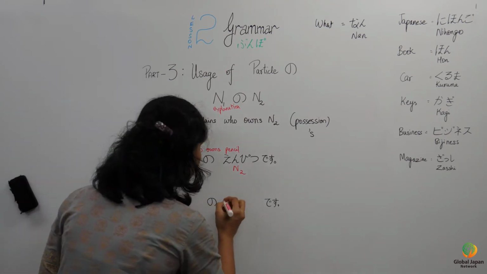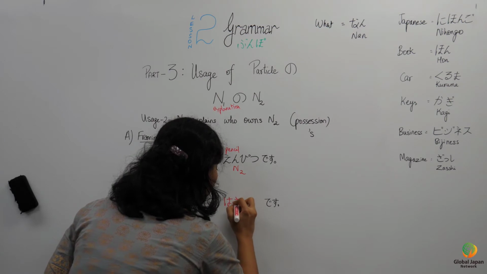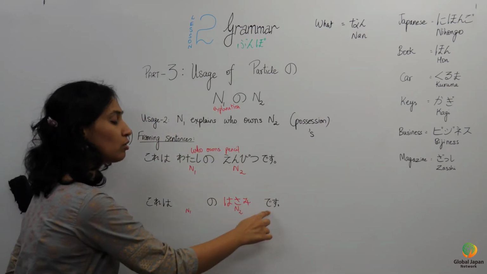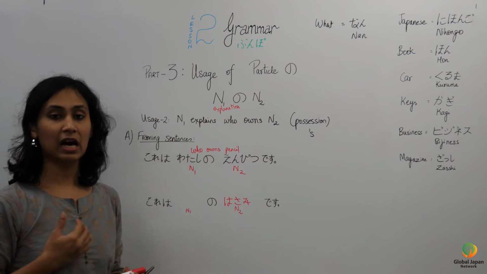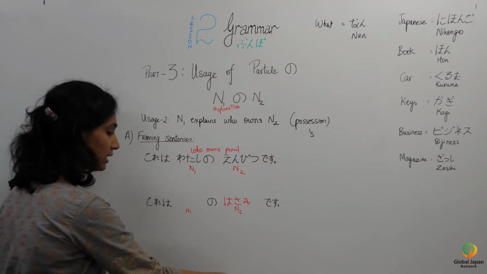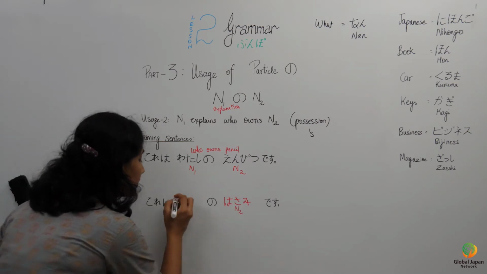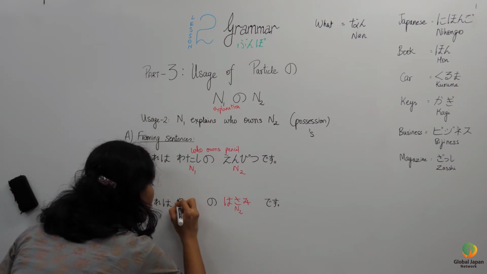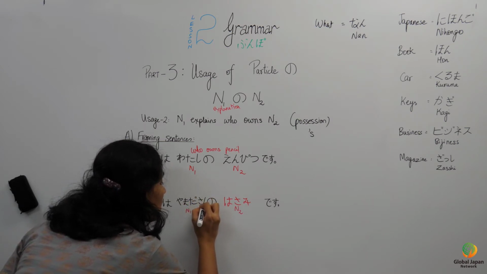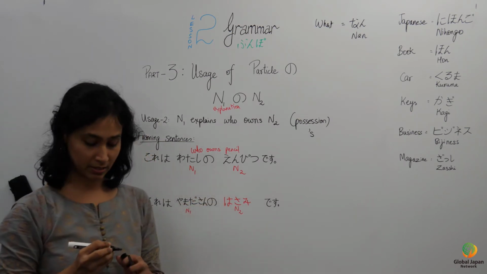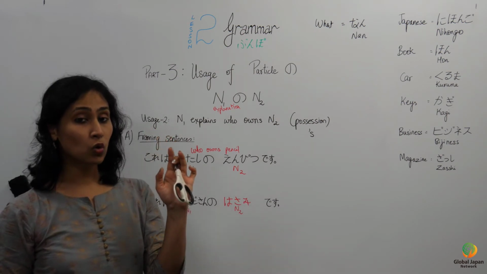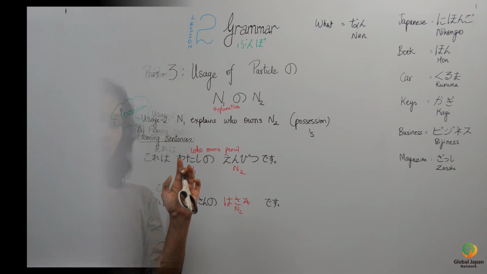So I am going to write hasami here. Kore wa dare no hasami desu. I am going to inform you whose scissors are these. My answer would be Yamada-san no hasami desu. Kore wa Yamada-san no hasami desu.